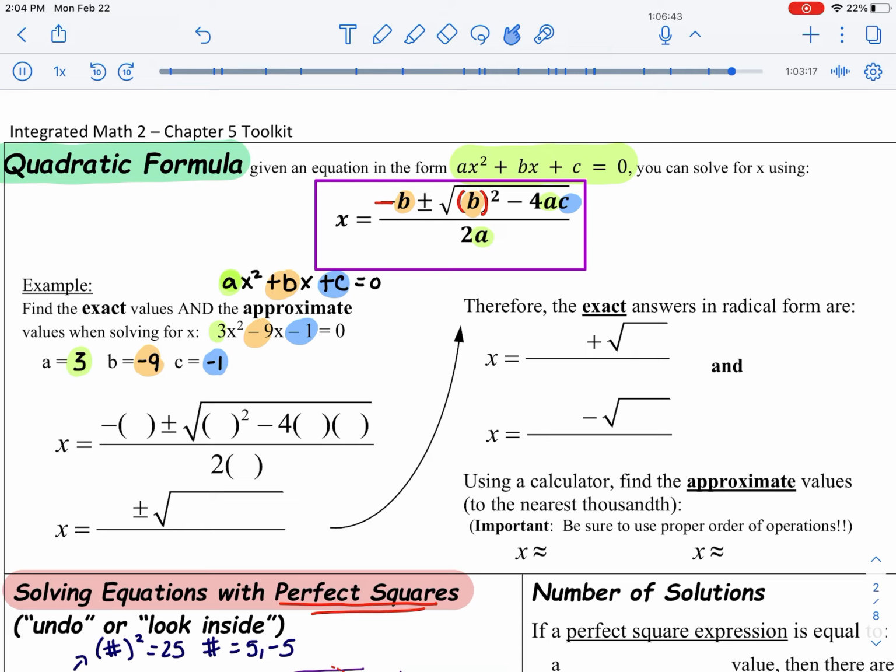So x equals the opposite of b plus or minus the square root of b squared, and remember you need to include those parentheses, minus 4 times a times c, all divided by 2 times a.